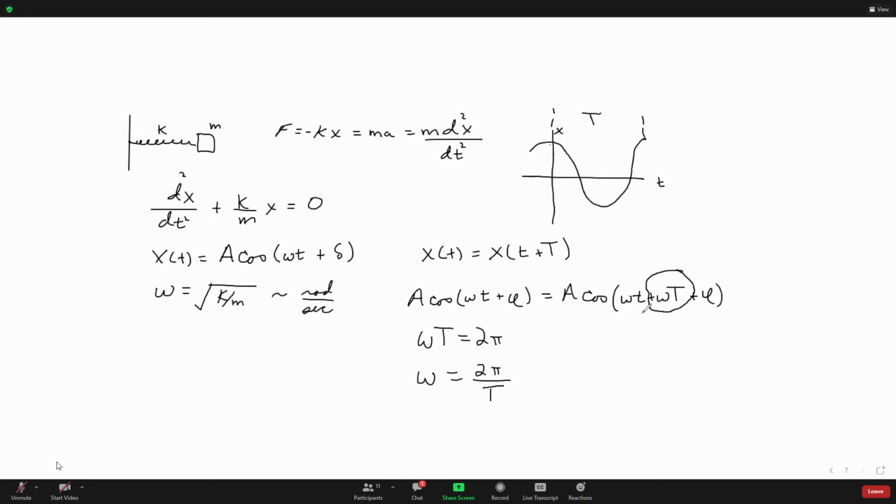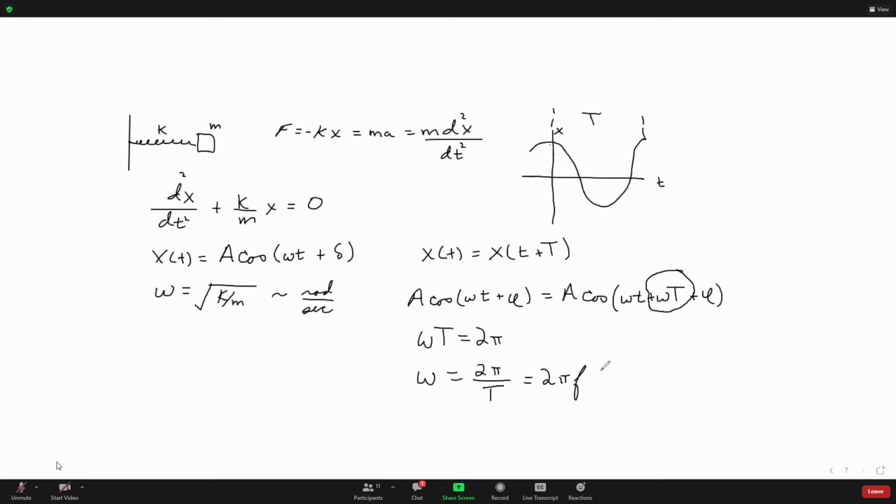Now, the frequency, little f, is 1 over the period. Let's say that I have 2 oscillations in 1 second. So the period is half of a second, and the frequency is 2 per second. So the frequency is 1 over T. So it's usual to write this as 2 pi times the frequency f.